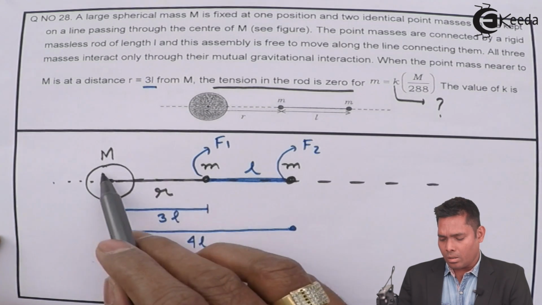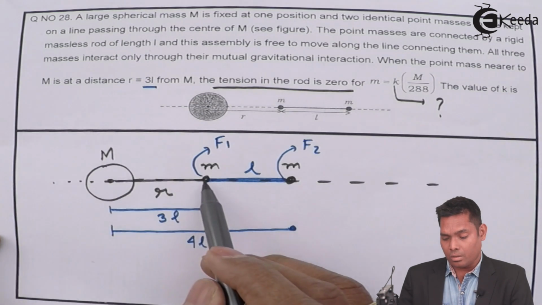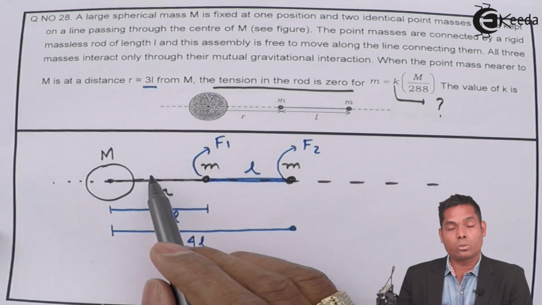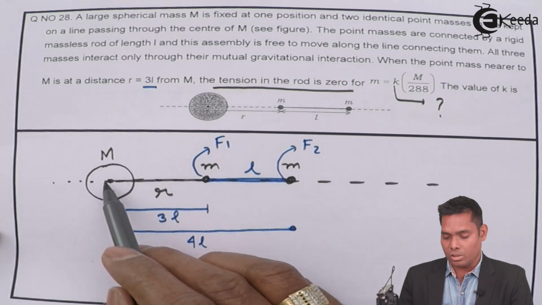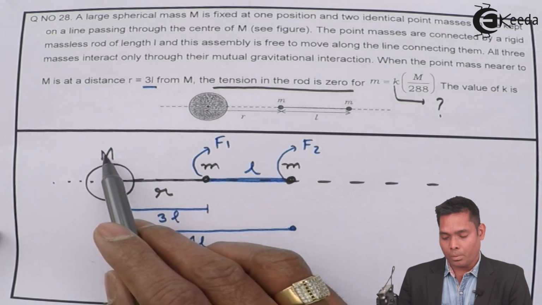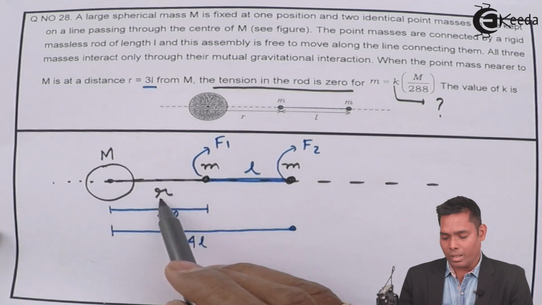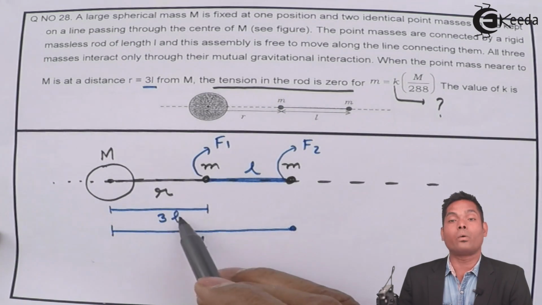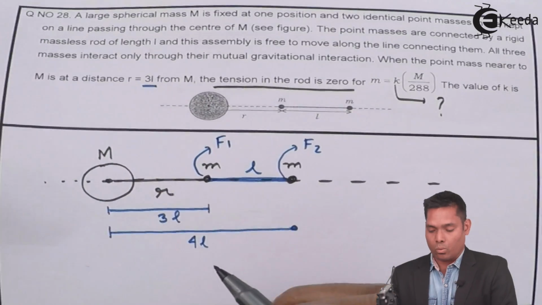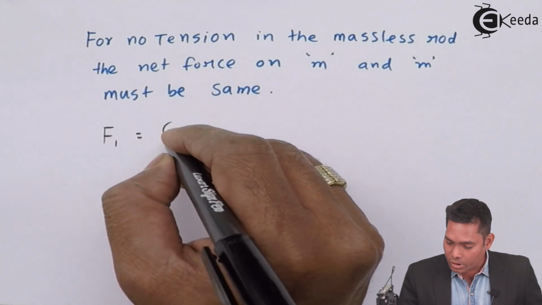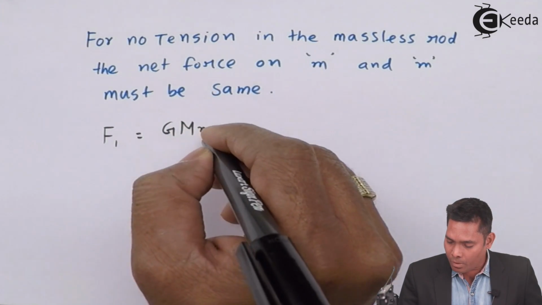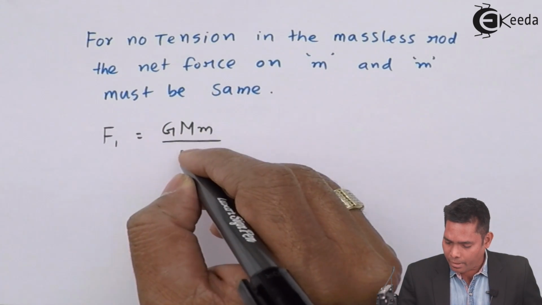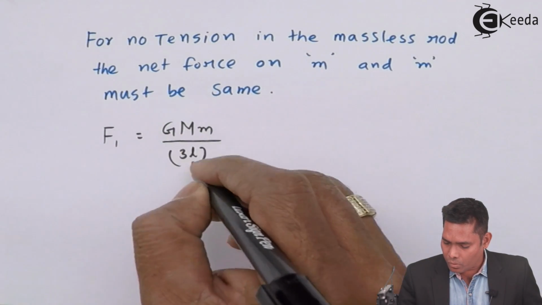So due to the bigger mass, the force will be, according to Newton's law of gravitation, G, capital G, product of these two masses divided by square of this distance, which is 3L square, that is 9L square. So this is G, capital M, small m, divided by 9L square.